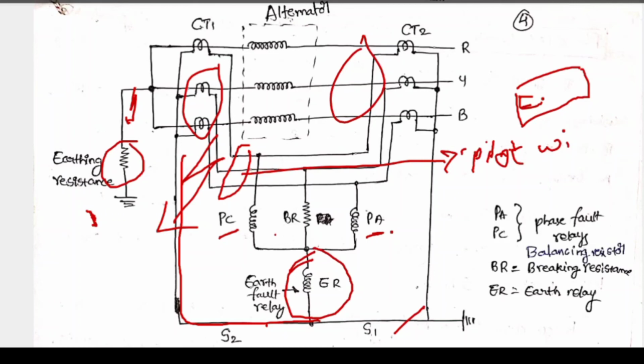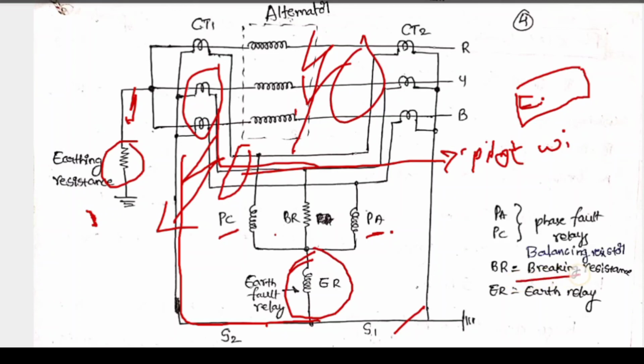If a fault occurs between any two phases, the out-of-balance current will circulate round the two CT secondaries, which are connected like this, via the two coils PA and PC and BR, the balancing resistor.